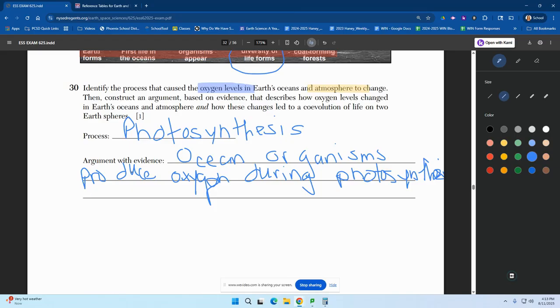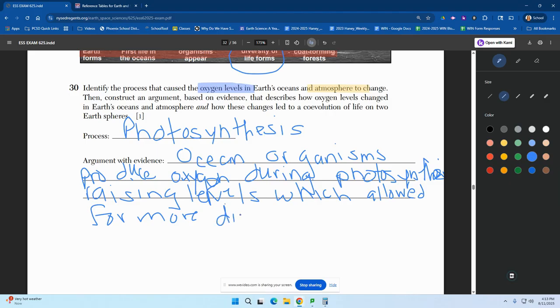So ocean organisms produce oxygen during photosynthesis, raising oxygen levels, which allowed for more diversity of life. Okay, so again, coevolution. Co means more than one.